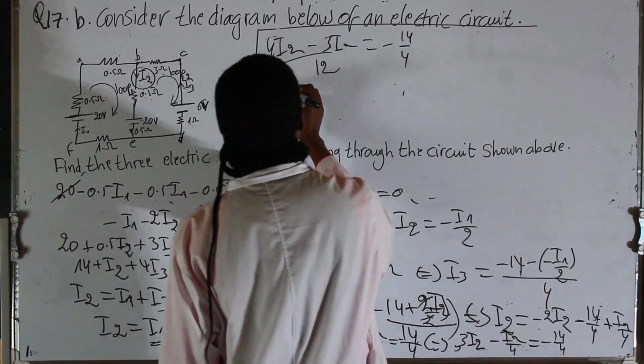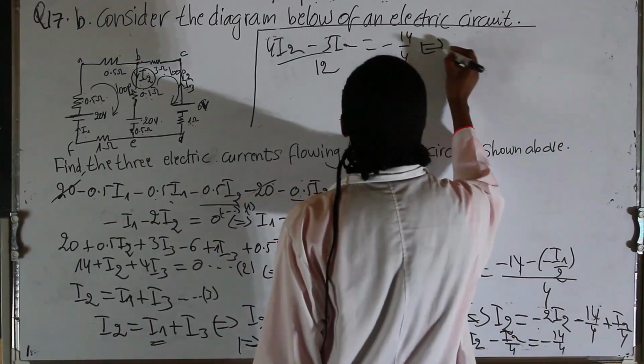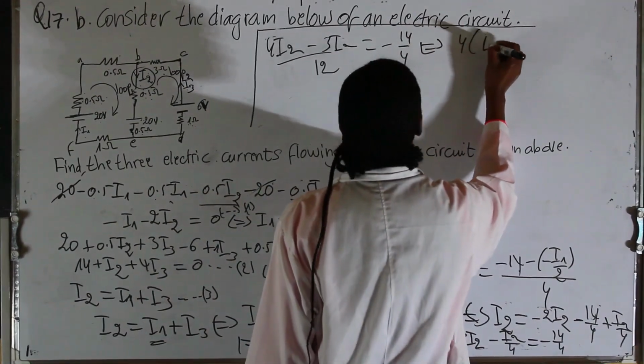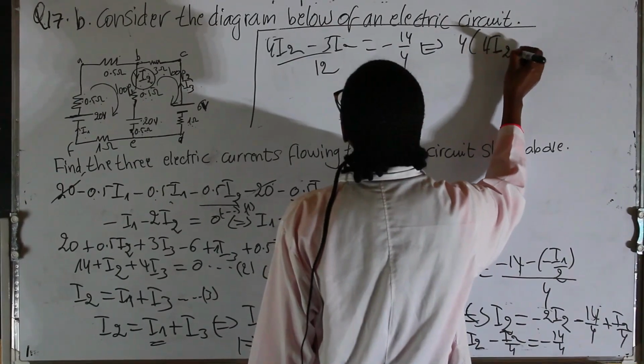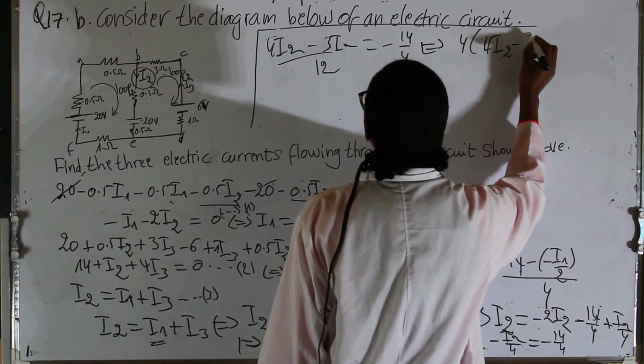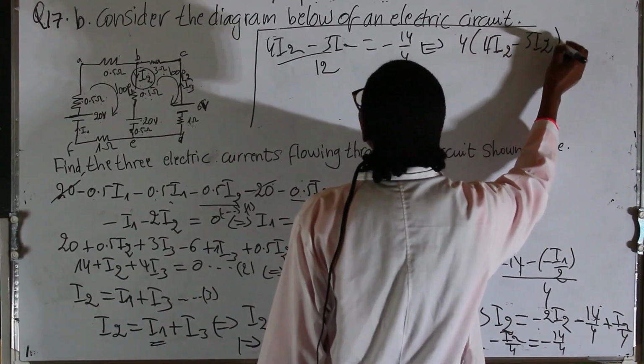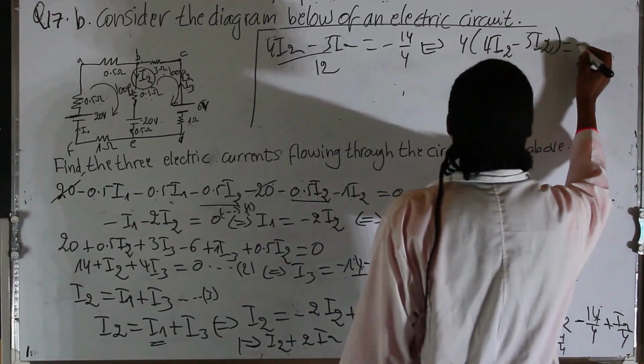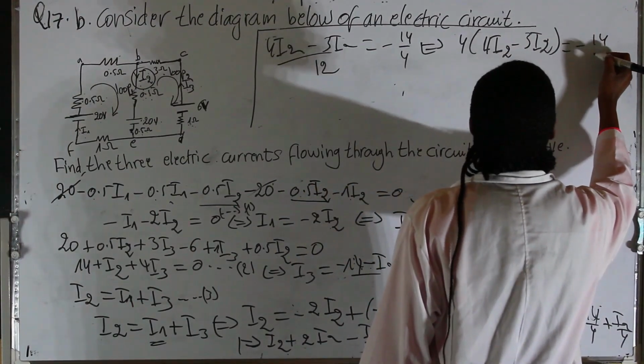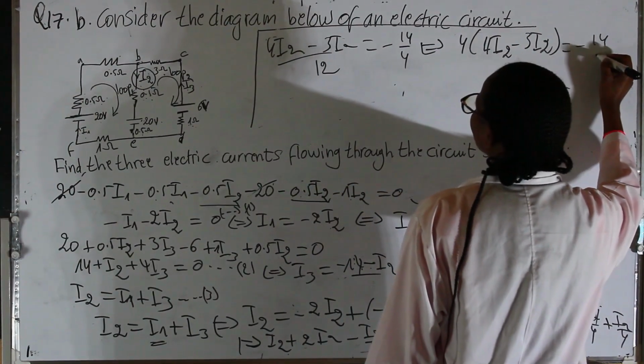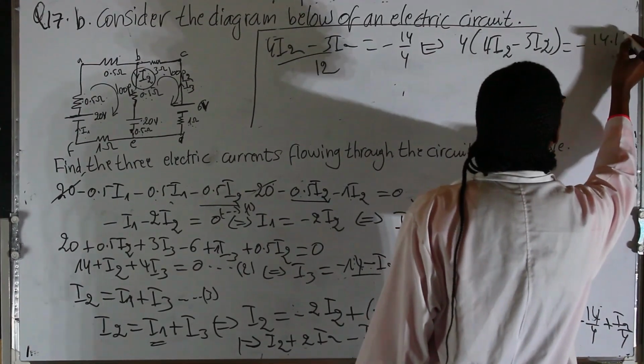Then we have 4I2 minus 3I2, which is equal to minus 14 times 12.